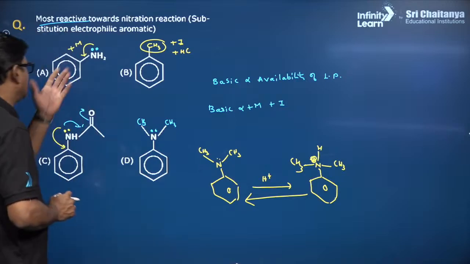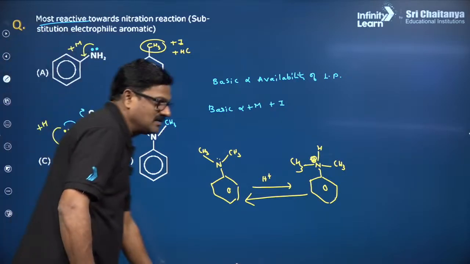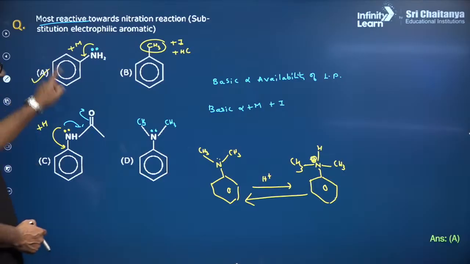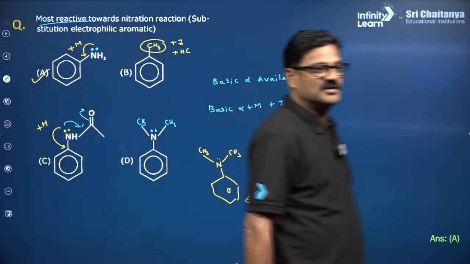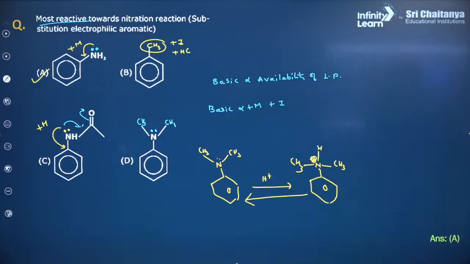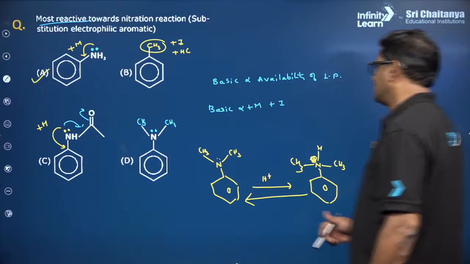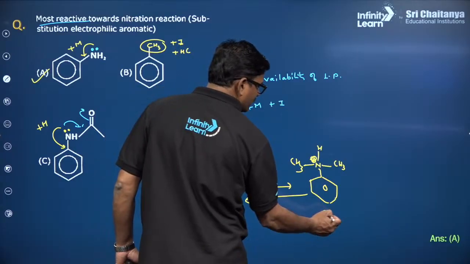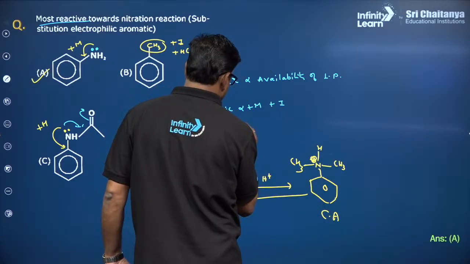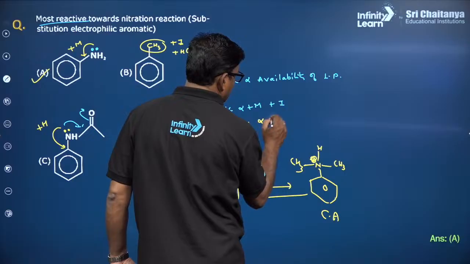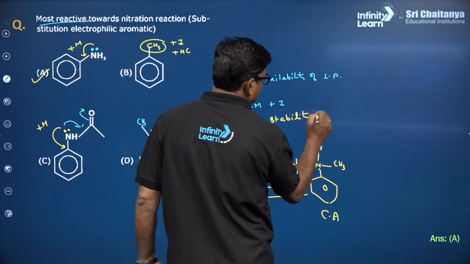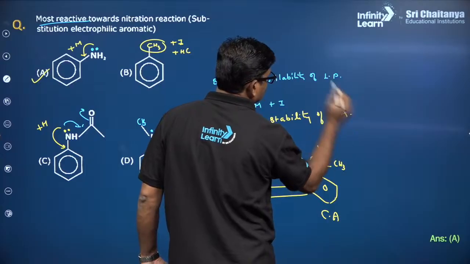So as of now, here it is more available, and I would say A is the correct answer for this question. Dear children, hope you understand this question. It's very, very important. I would say basic strength is directly proportional to stability of conjugate acid. It is going to be conjugate acid. Clear?